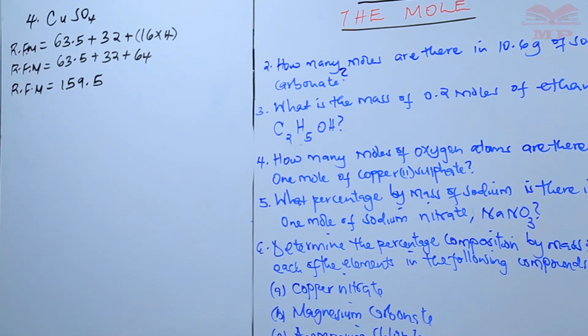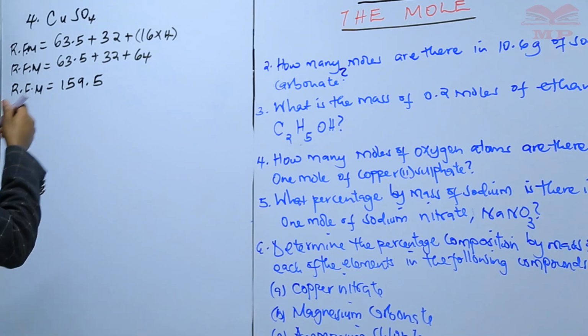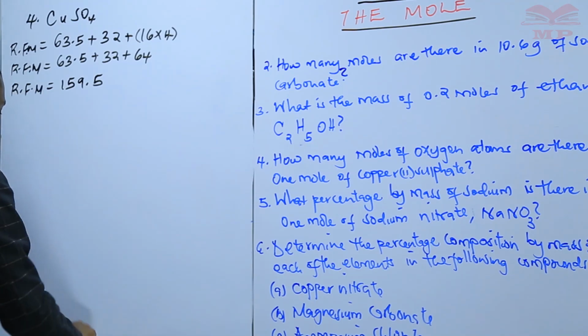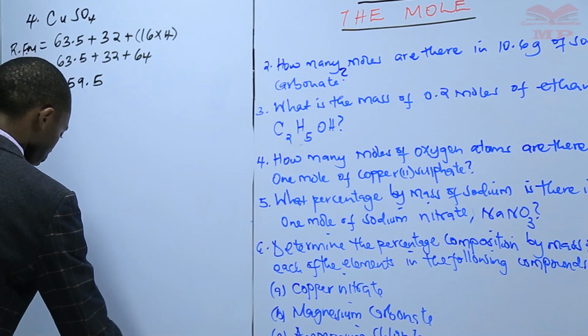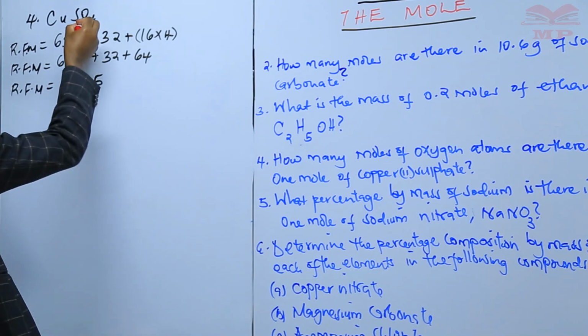of copper sulfate. Our question is, how many moles of oxygen atoms are there in 1 mole of copper(II) sulfate? Therefore, you need to get the mass of oxygen in this compound. And the mass of oxygen is just this part. This is the oxygen we are talking about.